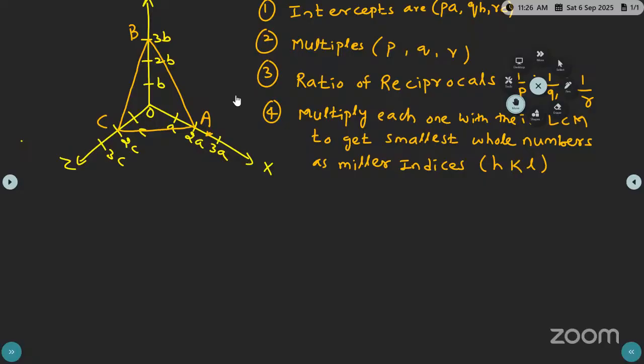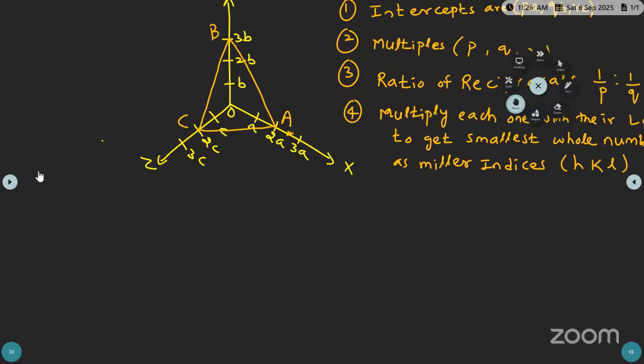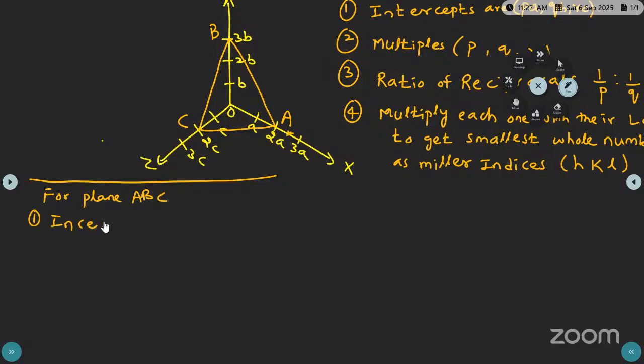Now, for this particular plane ABC, what are the intercepts on the x-axis? 2a, right? For plane ABC, intercepts, first step. What are the intercepts?